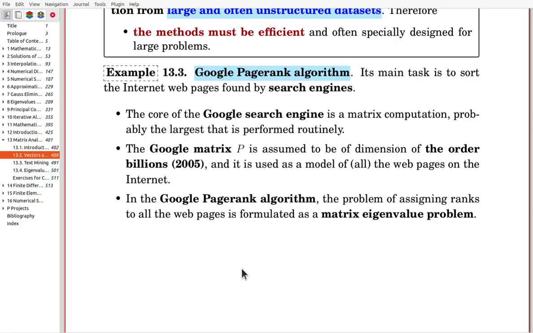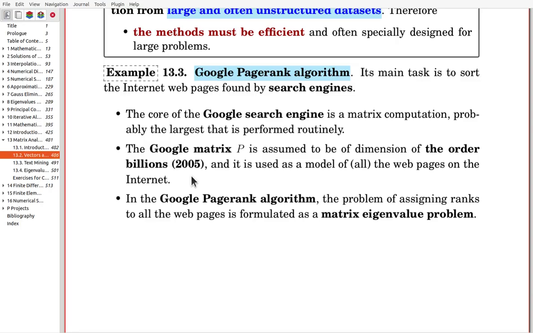Many years ago it was on the order of billions, but now I believe it must be tens of billions or 100 billions. The Google matrix P is assumed to be of dimension on the order of billions in 2005. But nowadays, I believe it will be much larger.